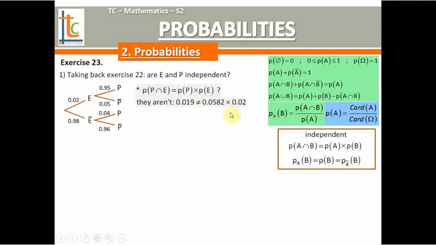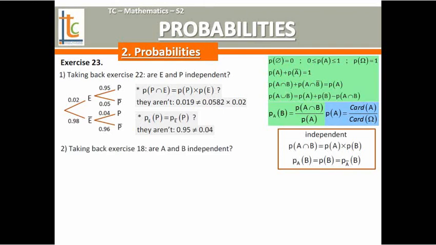This one is approximately 10 times smaller than this one. Okay, there is a big difference between both. The definition now is P of P given E equal to P of P given E bar. So no, in the tree you can see that it's completely wrong. So P and E are dependent and very dependent.